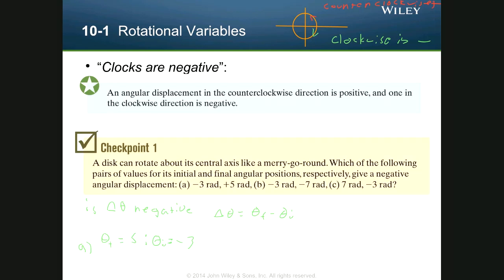So we have here delta theta is equal to 5 minus negative 3, and that is going to equal 8. So A is no, right? A is not negative, it's positive. So work through the rest of them and see which one of these are going to be negative.